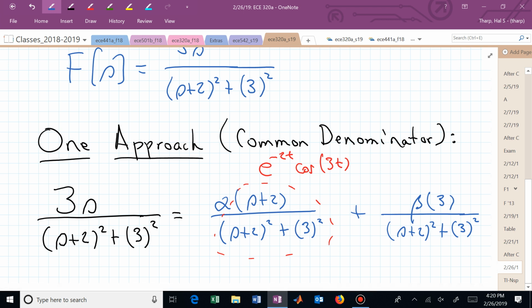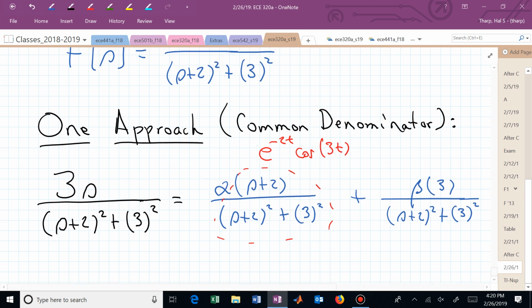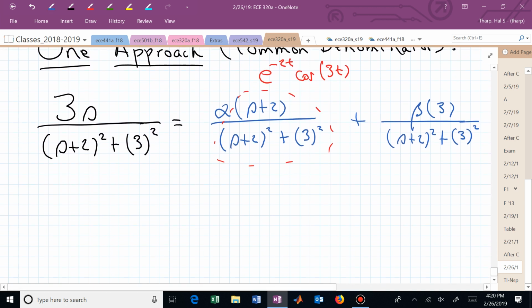Now what we want to do is select alpha and beta such that it gives us 3s. There's one equation. How many unknowns do we have? This isn't looking right. We have 2 unknowns, alpha and beta, and we have one equation. We have the numerator that we're equating. But that numerator is a first-order polynomial in s.